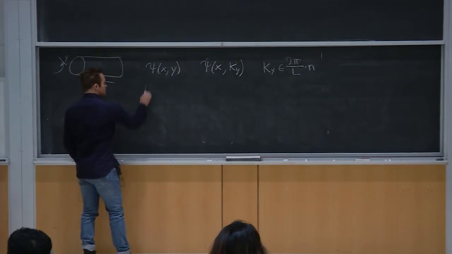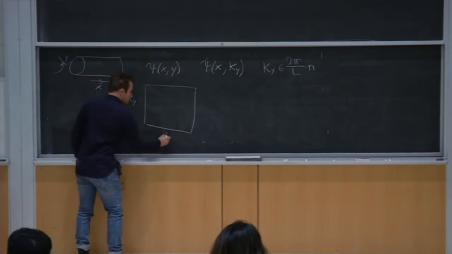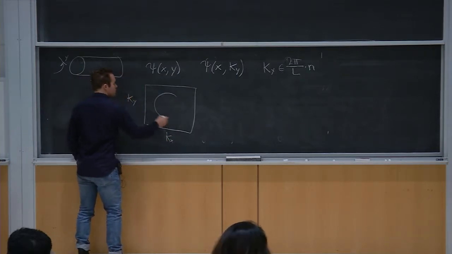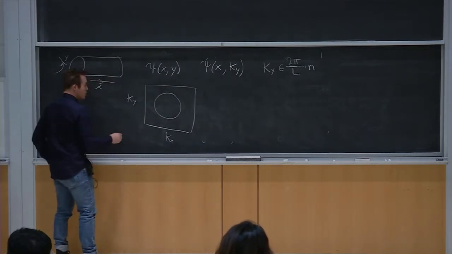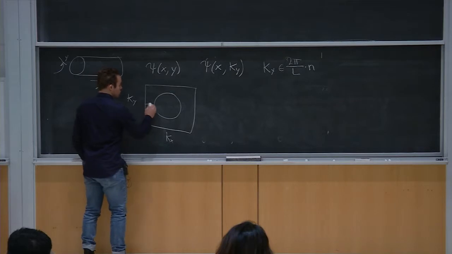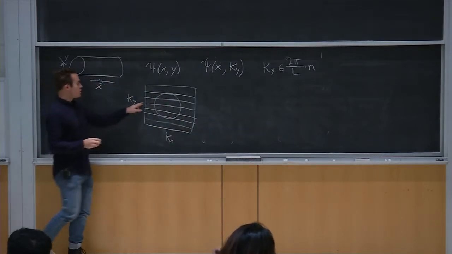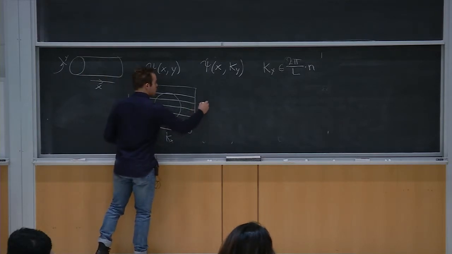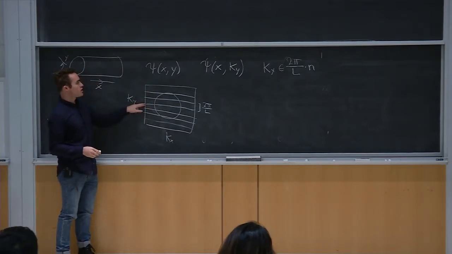So what I then get is, if I look at my Brillouin zone, ky, kx, and suppose I think there's a Fermi surface forming here, because of this quantization condition, what you're effectively doing is restricting the Fermi surface onto a set of discrete momenta like this. So these are the modes here separated by 2 pi over L. Each of these I think of as being a mode or a wire, which is one of the allowed ky's.